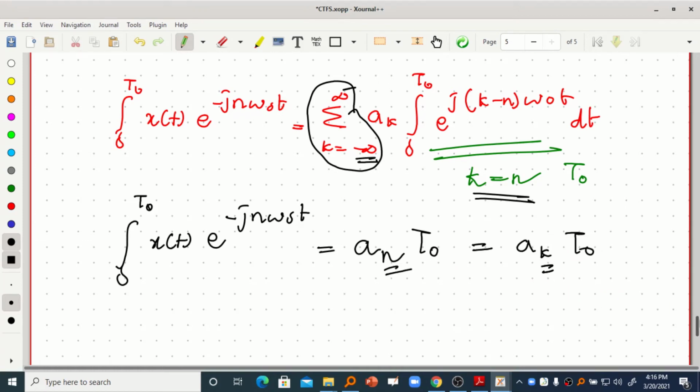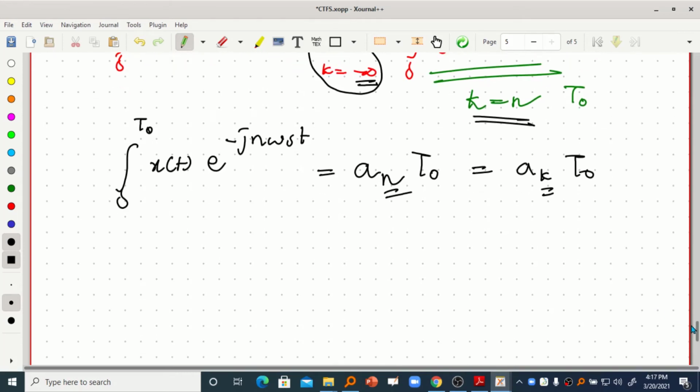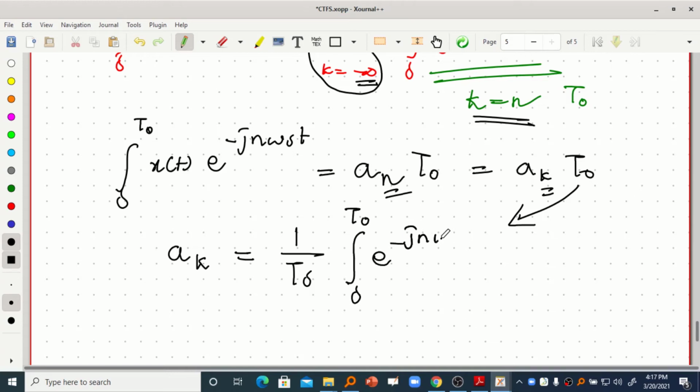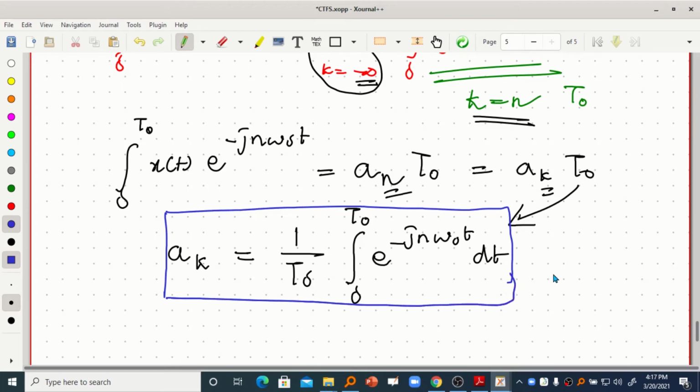So from that we can get a relation for a_k. a_k is equal to 1 by T0 into, because we have to take this T0 into the denominator, 1 by T0 into the integral from 0 to T0 of e power minus j n omega 0 t dt. So this equation we can get for the coefficients a_k. Using this equation we can find out the coefficients of CTFS.